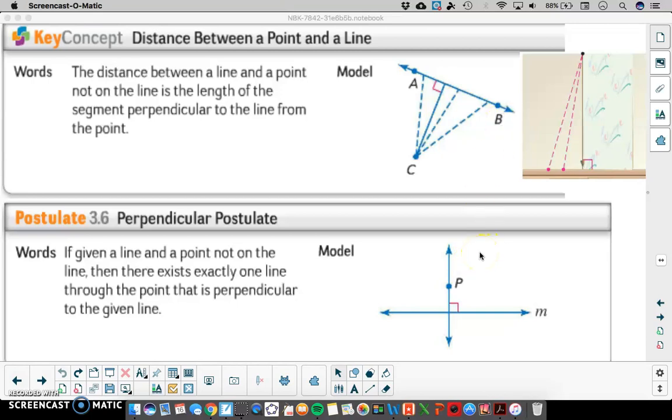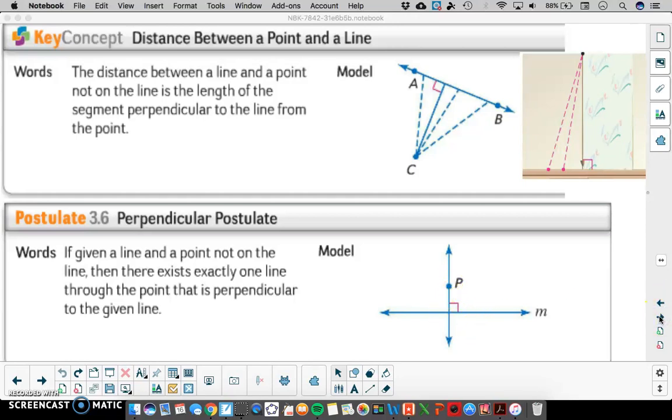So what we have to find is the length of the segment that makes that right angle with our given line. The perpendicular postulate says if given a line and a point not on that line, there is only one line through that point that is perpendicular, which means there is only one true distance from any given point to that line, and that's the perpendicular distance.